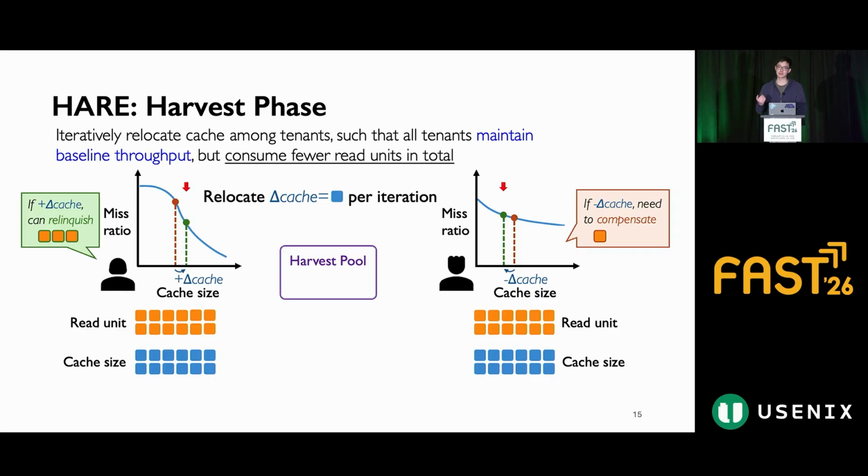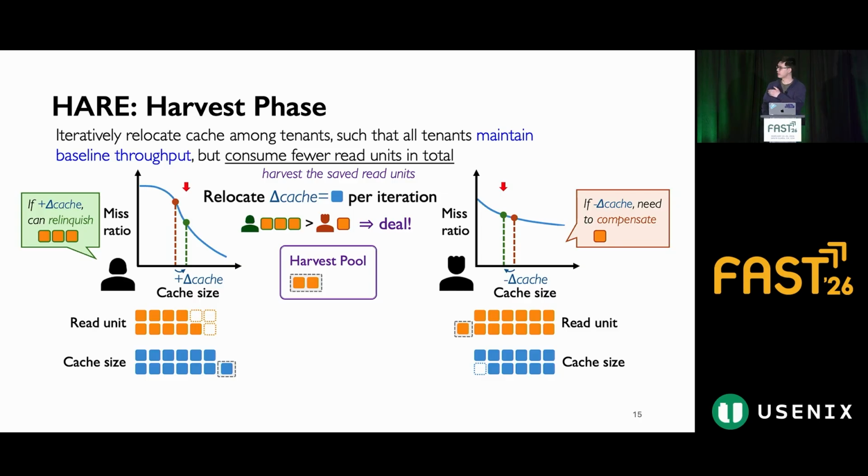So to maintain the same throughput, he will require compensation of read units. In this case, he needs one extra orange unit. Since what Alice is happy to relinquish is higher than what Bob requires for compensation, we make a deal between them, and we harvest the difference between what Alice relinquished and what Bob asked for as compensation.